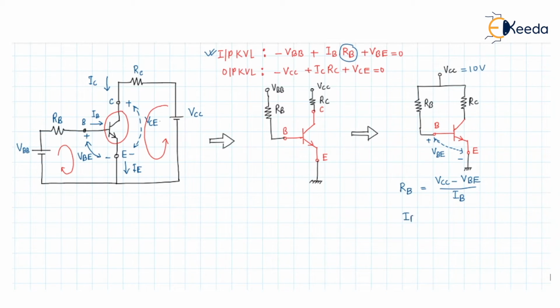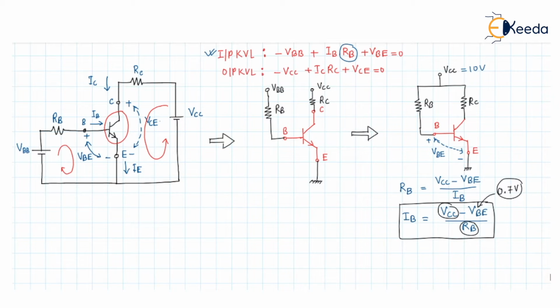Rather, we can say if we find the value of IB, it will be VCC minus VBE divided by RB. So, if we see the equation of IB here, it is VCC minus VBE by RB, where VCC is constant, RB will also be constant because we have given a fixed value of base resistor, and this VBE value is also nearly constant, about 0.7 volt for the transistor, because it is operating in the active region.